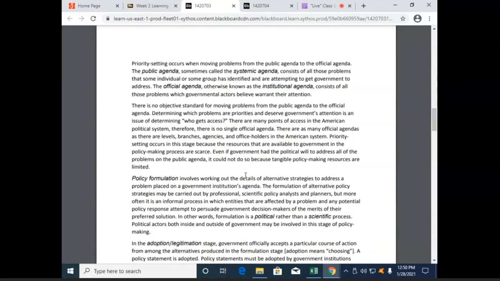You have to develop some alternative strategies for addressing this problem if you've made it a priority in the first step, right? We call the second stage of policy making formulation, policy formulation.